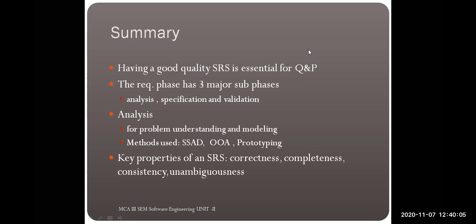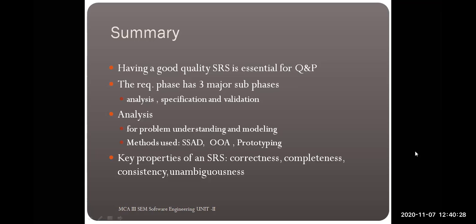Next, this is our summary of what we have discussed so far. A good SRS quality is essential for the quality of the software product. Every requirement phase has three major subphases: analysis, specification, and validation.